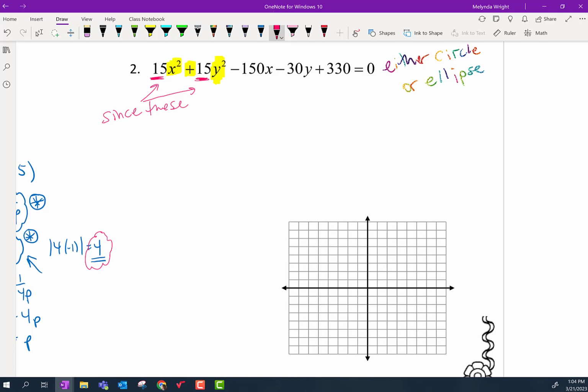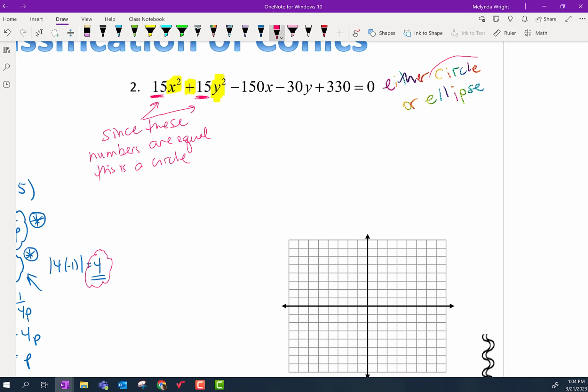Since these numbers are equal, this is a circle. Okay, so this I'm going to circle. This is going to be a circle because those two numbers are the same. The 15s are the same.